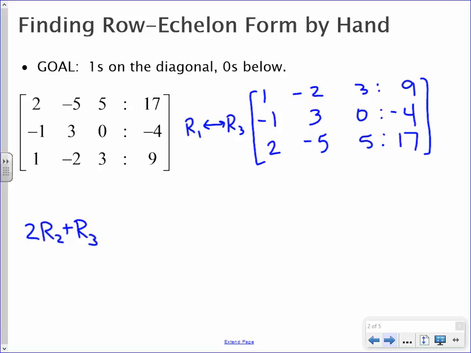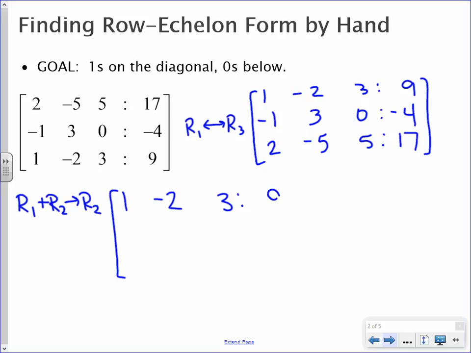Jackson. Okay, so let's add row 1 and row 2 together, and that's going to become our new row 2. So 0, that's convenient. 1, 3, 5. Check my math.